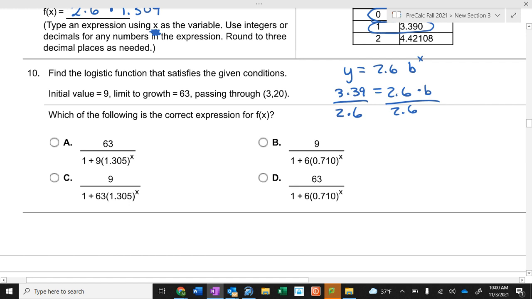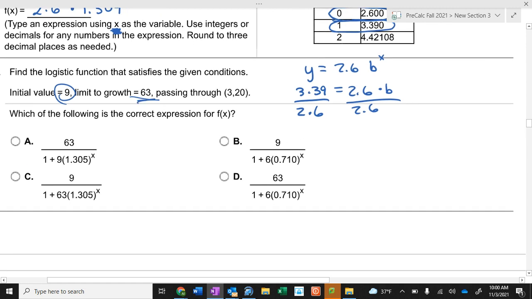Our initial value on this is listed where when we do these problems? On the top. Our initial value will be listed on the top. Initial value is 9. So it's either C or it's B. Okay? The limit to growth is 63. So we have to take, or did I say that wrong?